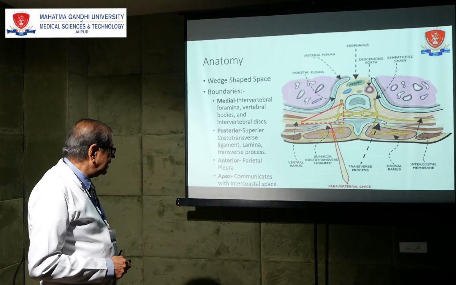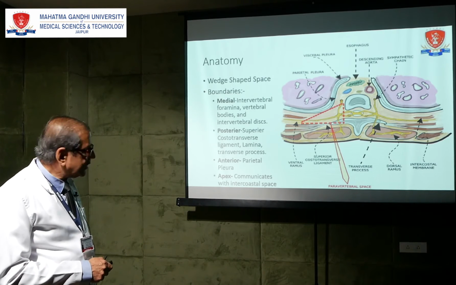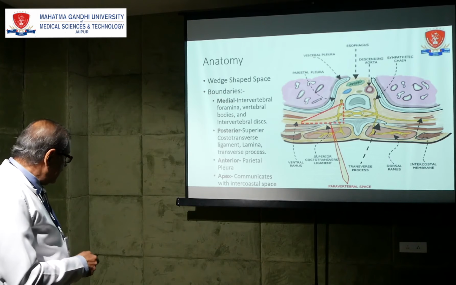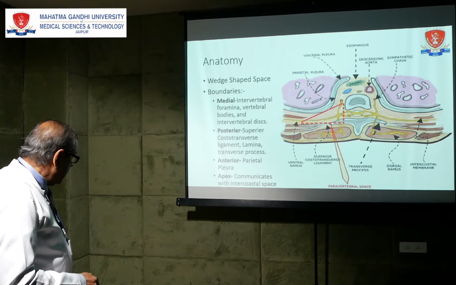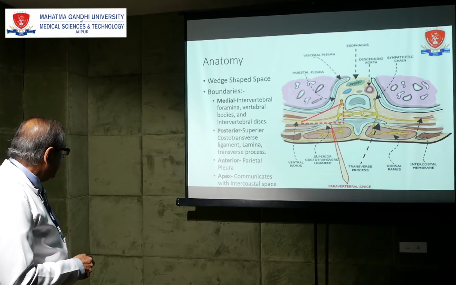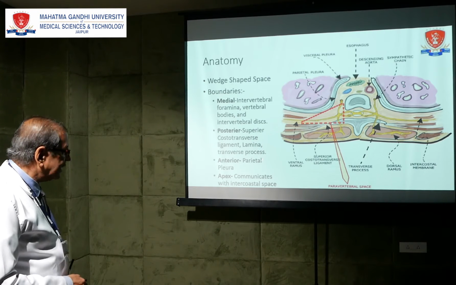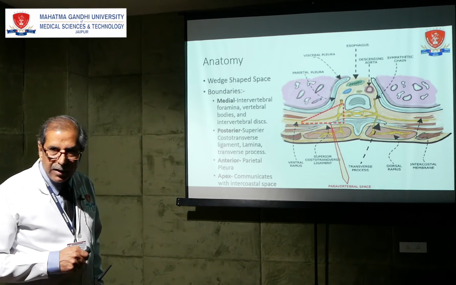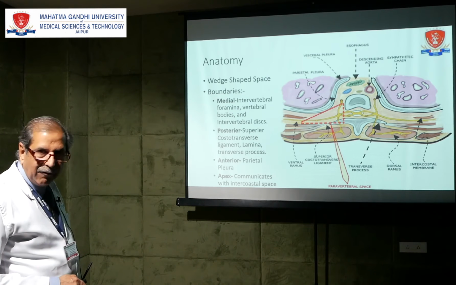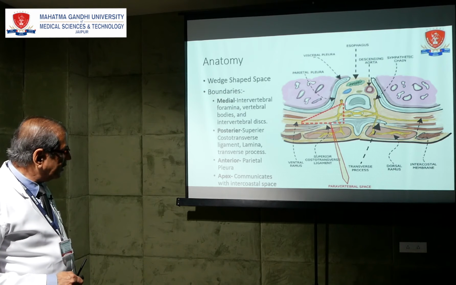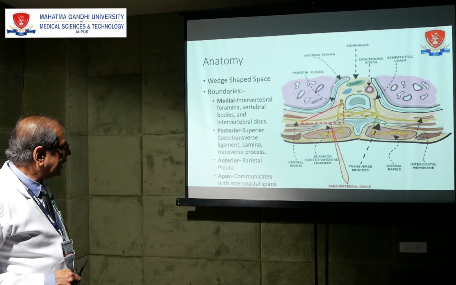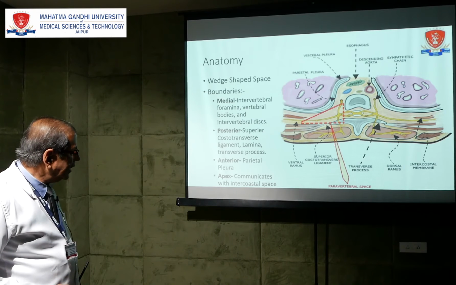Above this, its apex communicates laterally with the adjacent intercostal spaces. So, this has got an important implication. Whereas it is a space, so it is expected that the volume deposited in a paravertebral space at a particular level will be deposited there, and when more volume is given, it can ascend upwards and downwards.